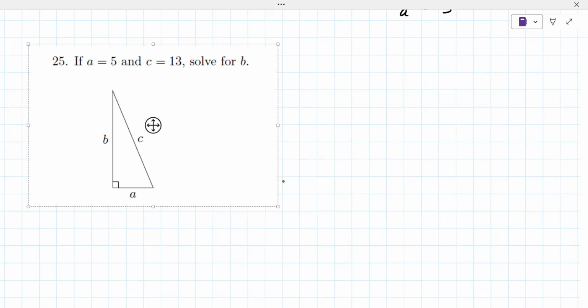All right, so 144. And then the square root of 144 is 12. Is B equals 12? Yes, B equals 12. Very good.